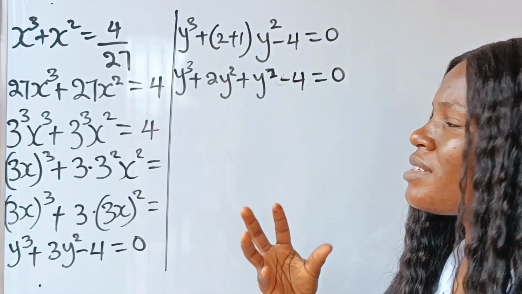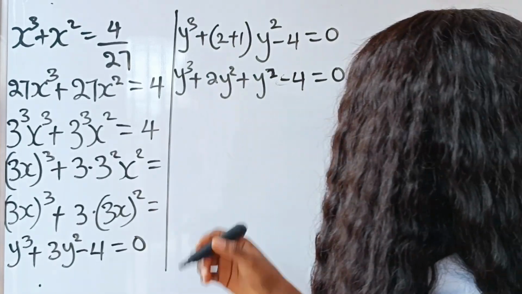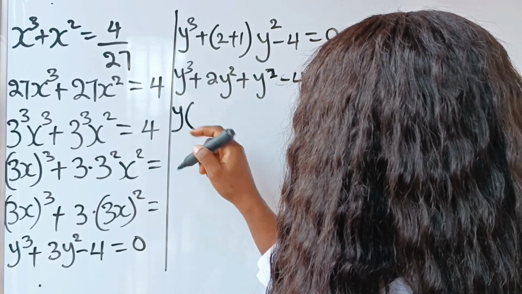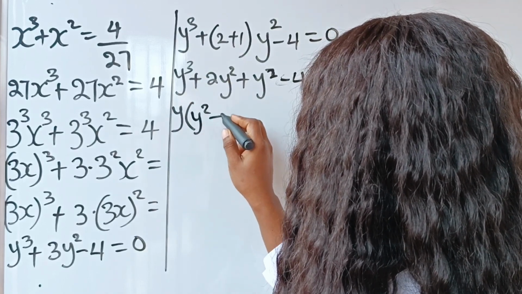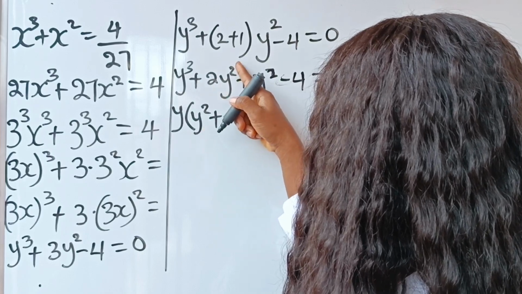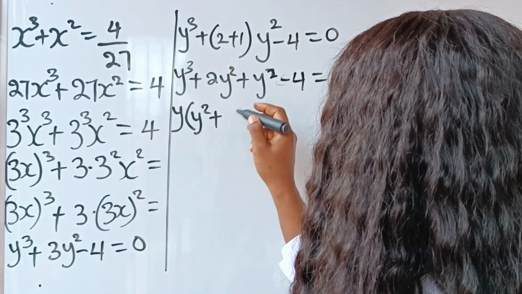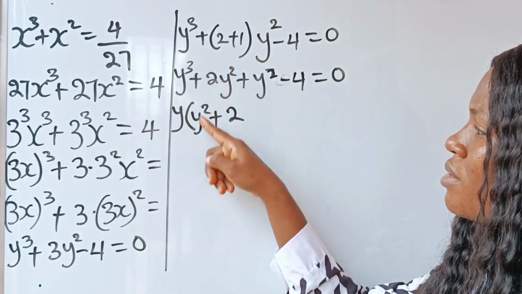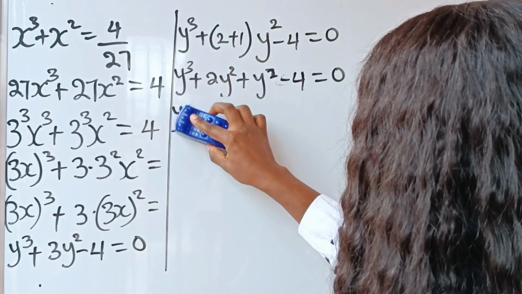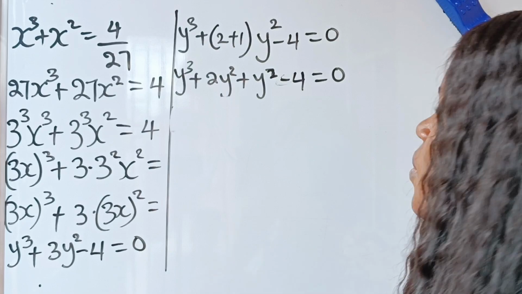this, we can factorize y out. So when we say y bracket y to the power of 3 divided by y will give us y squared plus 2y squared divided by y, we are going to have 2. Sorry, we can factorize y squared out, not just y, since y squared is there. So let's factorize y squared out.